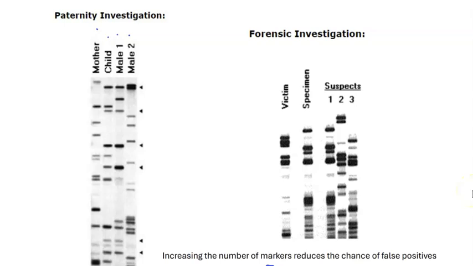Here we have a paternity investigation, for which we will have the mother's DNA, the child's DNA, and then we're trying to identify whether male 1 or male 2 is the father of this child. Any band which is present within the child will have to be present either in the mother or in the father.